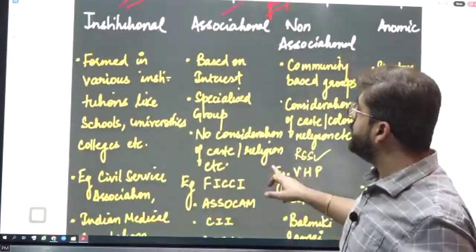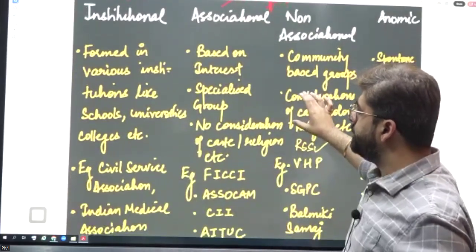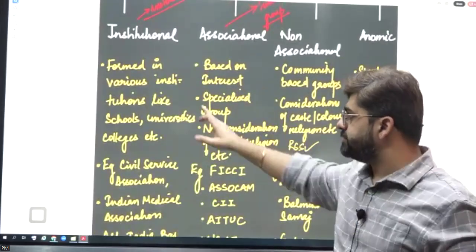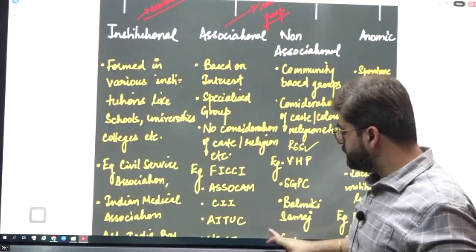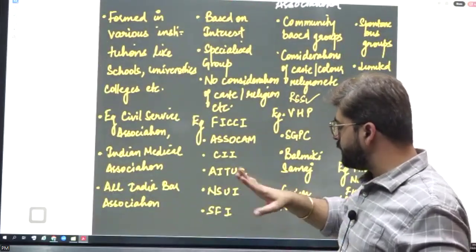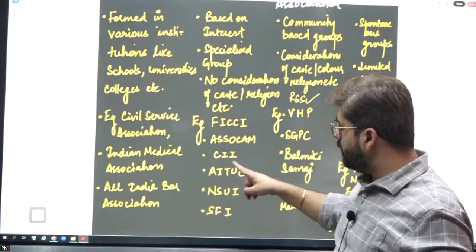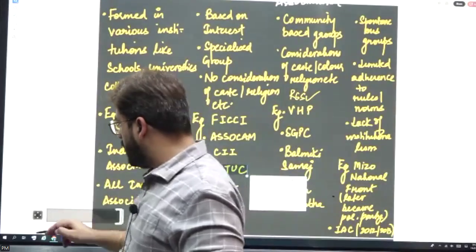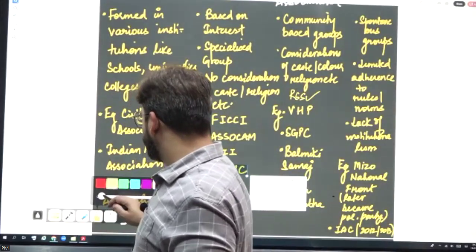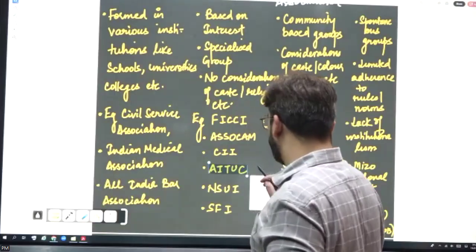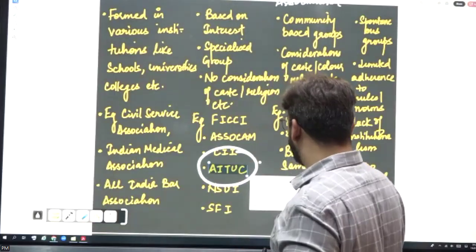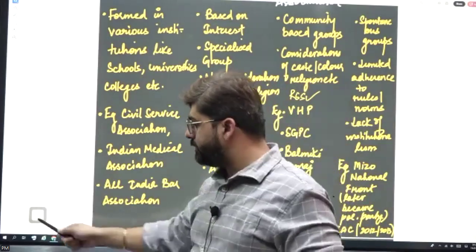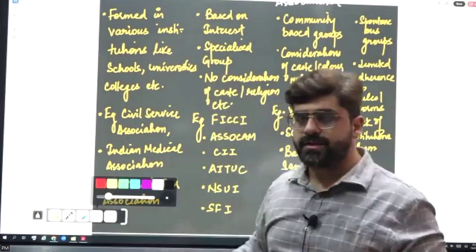Then we have something called an associational pressure group. An associational pressure group is based on some interest. We'll try to understand with the help of an example. All India Trade Union Congress. Now, All India Trade Union Congress is a certain kind of pressure group, and the basic idea behind it is that it will work for the cause of all the workers.